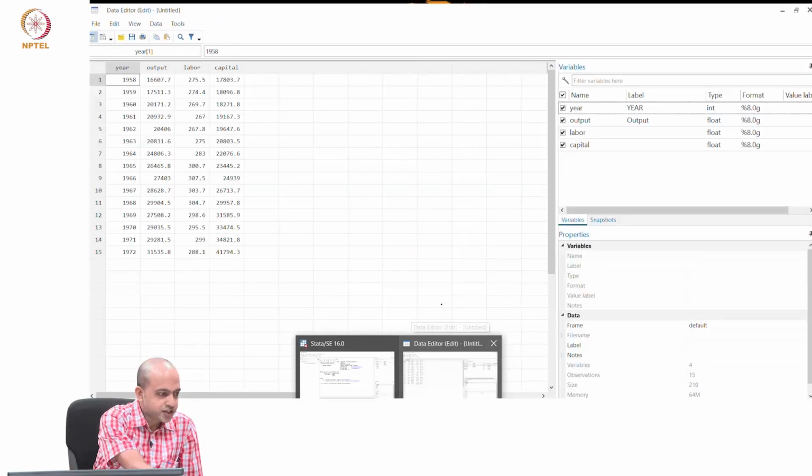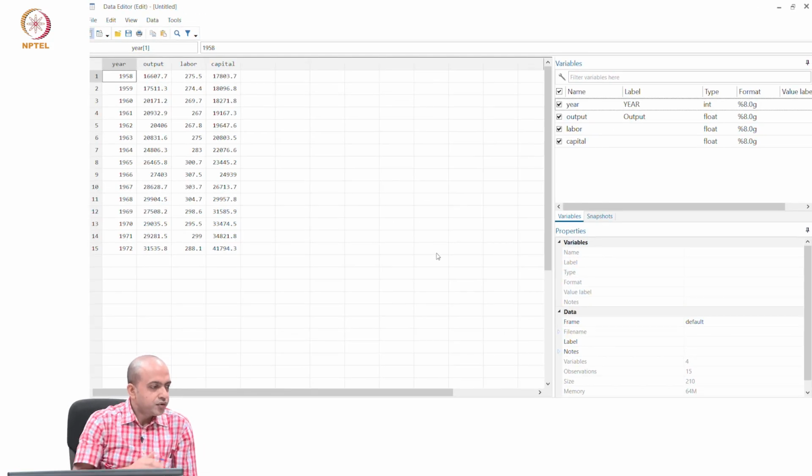So, this is the data set. Here we have data on output, labor and capital. Basically, we are estimating a production function. These data will be useful later on also. We can estimate different types of production function.